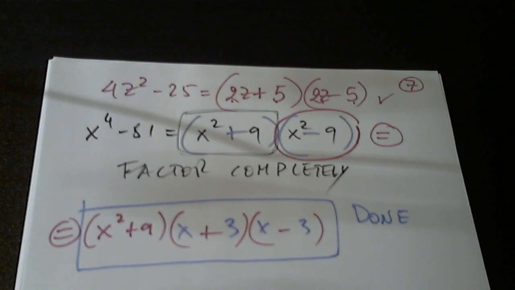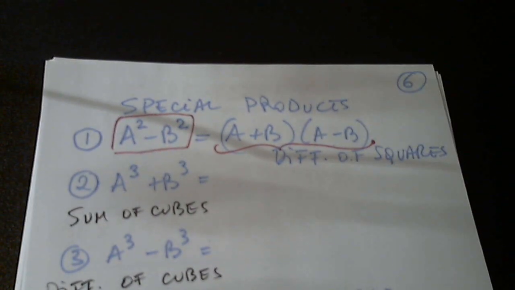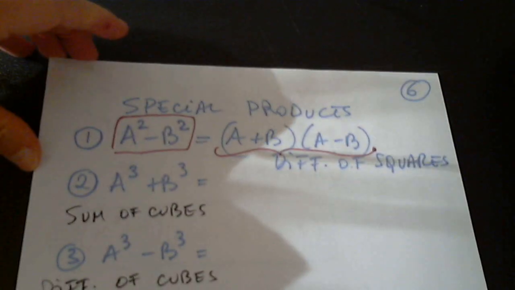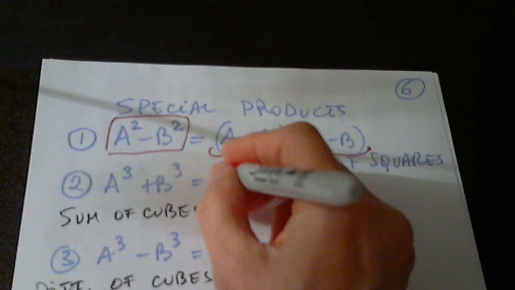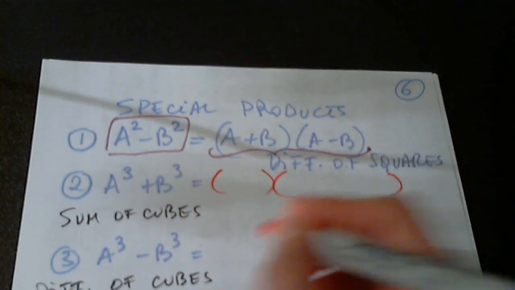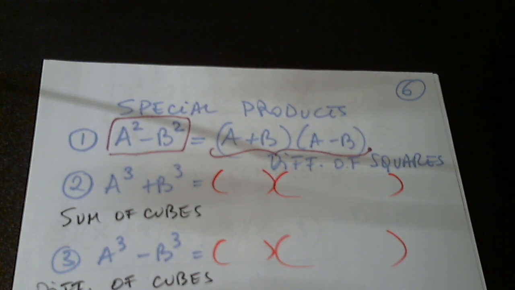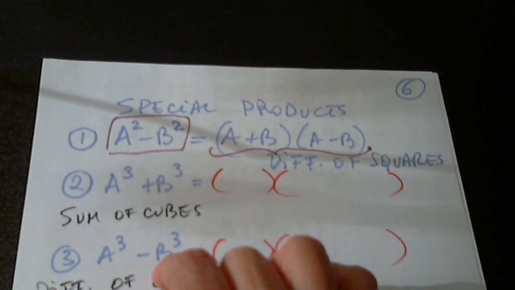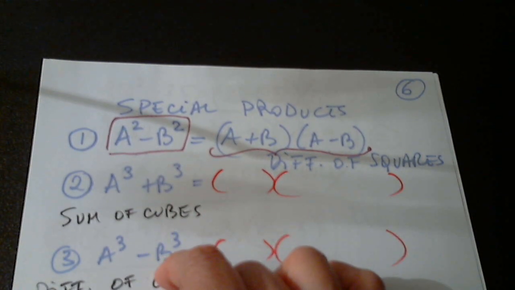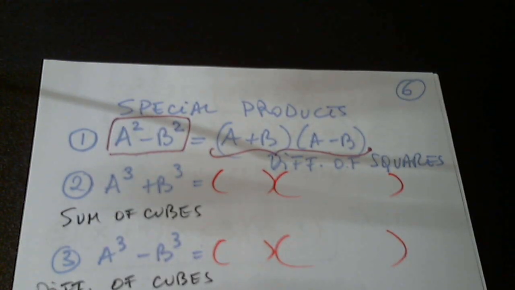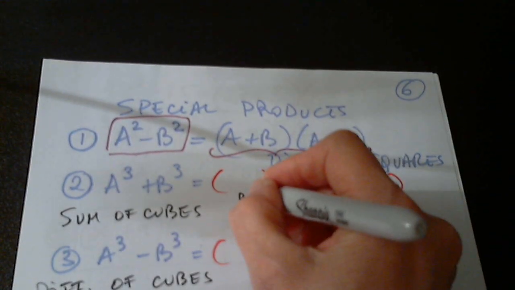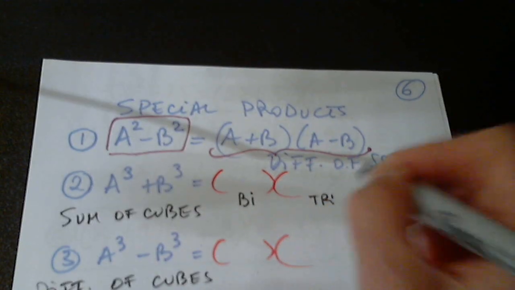Finally, we're done with the binomial, but not before I present to you the sum of cubes and the difference of cubes. These are a little bit more confusing. The sum and the difference of cubes factor into a binomial times a trinomial.